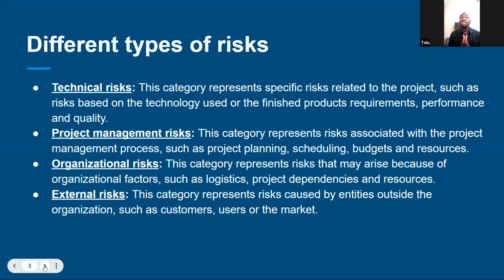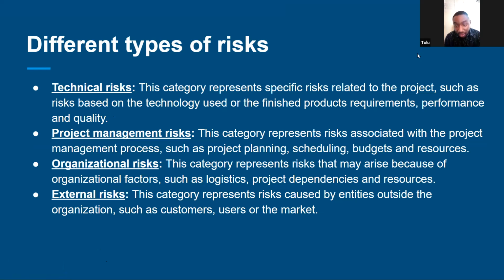And all the risks that have to do with the project management process, from initiation, planning, execution, and control to the final stage. That's where project management risk comes from, because there are risks in each and every one of those stages, and all those are embedded into the project management risk.